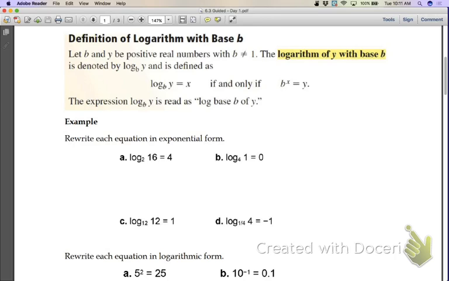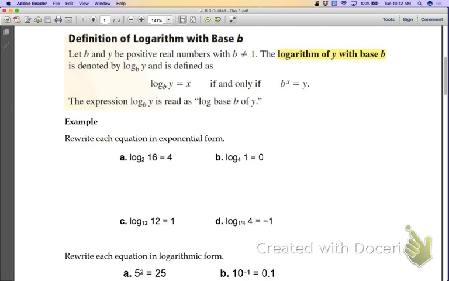A log is always going to have a base the same way an exponent is always going to have a base. Whenever you have an exponent, the base is your bigger number and your exponent is your smaller number. Whereas here, the base of your log is always going to be the tiny number, and your power is whatever's on the other side of the equal sign.